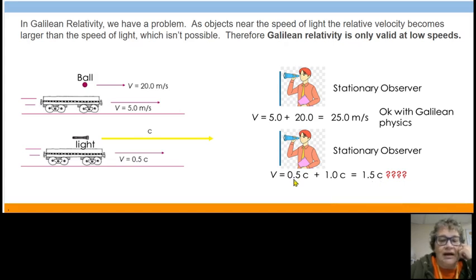This is according to Galilean, right? 1.5 c, anything bigger than c is not possible. So that means that Galilean relativity is only valid for low speeds. Okay, Galilean relativity doesn't work when we start getting up into light speeds.